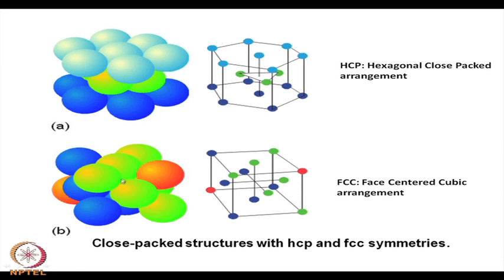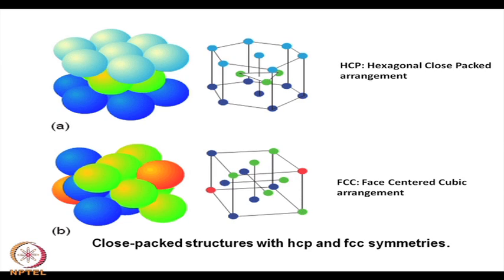The green ones are actually the close packed layer. So, it is a diagonal plane, and if you refer to this particular diagram of the cubic arrangement, you will see this diagonal connected to this corner. This diagonal plane is actually the close packed plane.